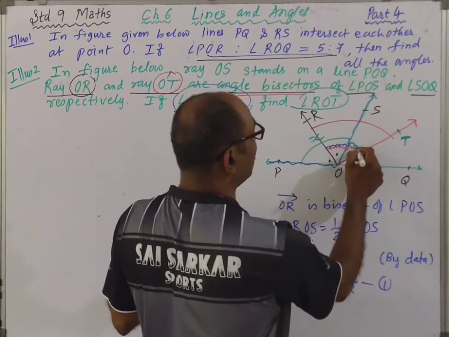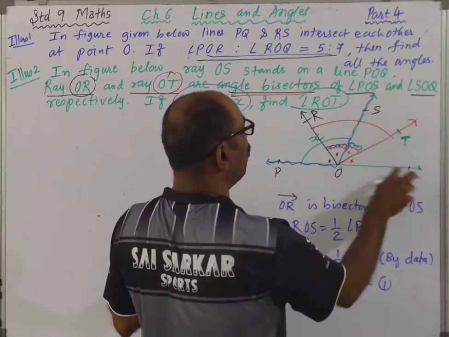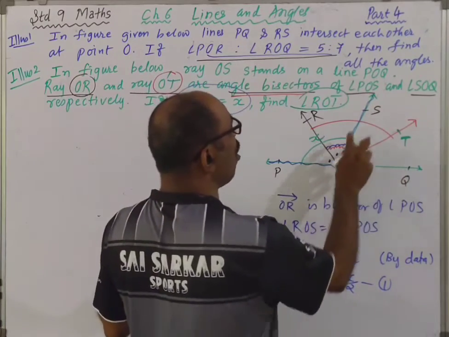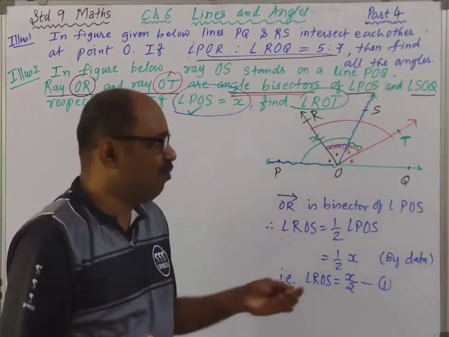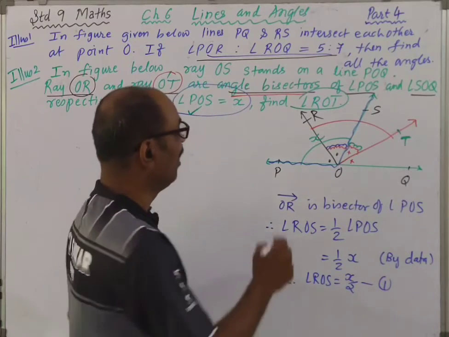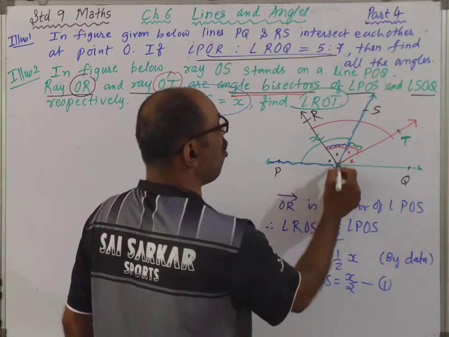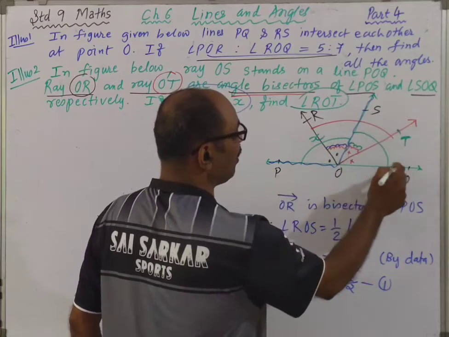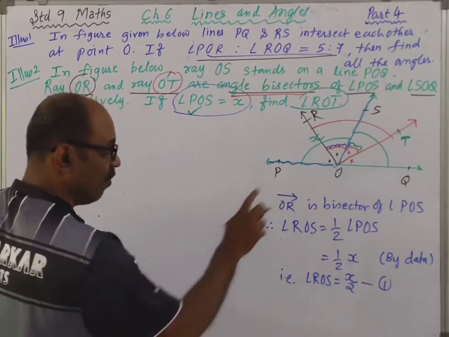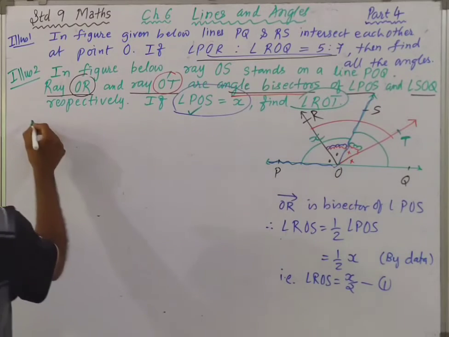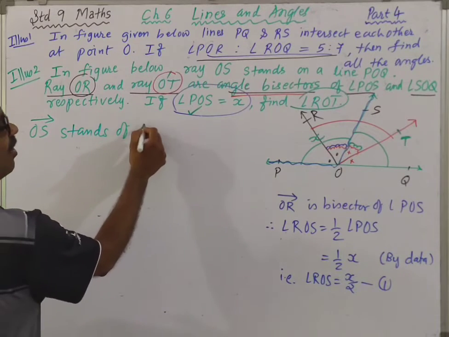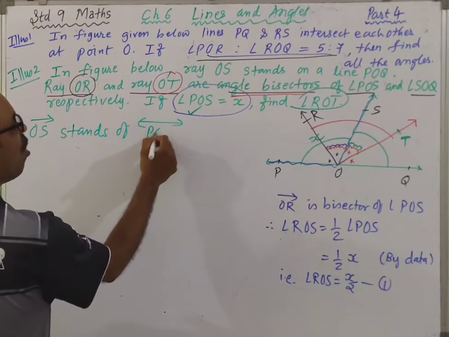Now I want this. That is half of QOS. POS was given, but QOS is not given. I don't have QOS, so we will have to find it. How? POS and QOS are on a linear pair. Why? Ray OS stands on line POQ.